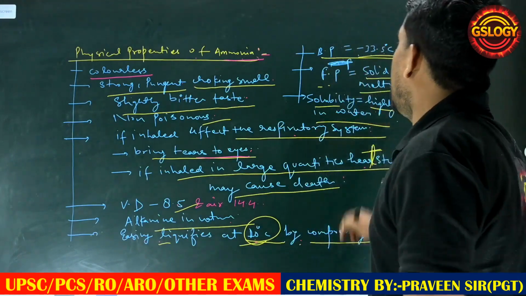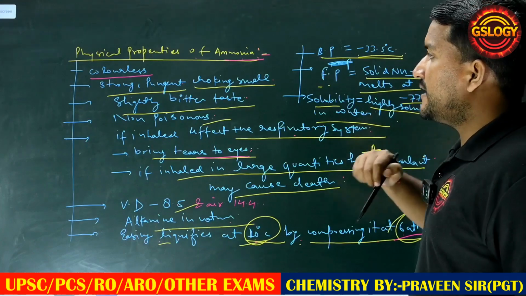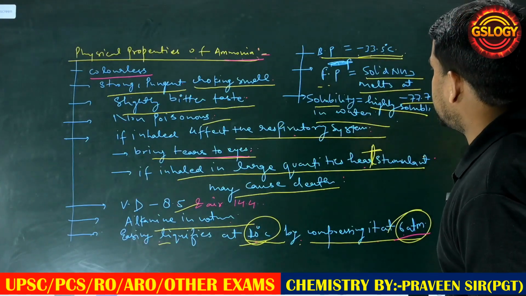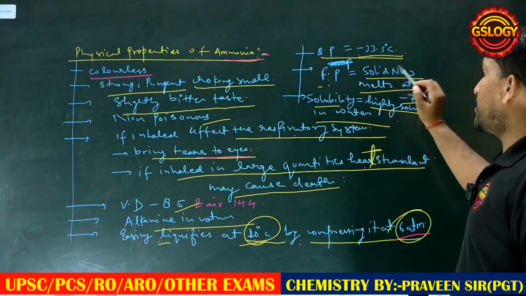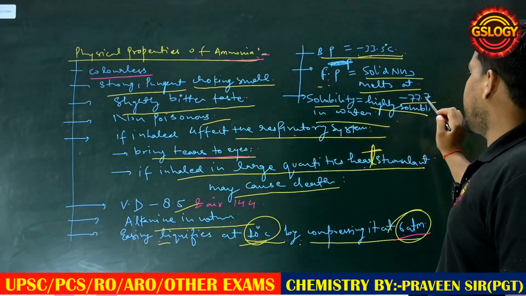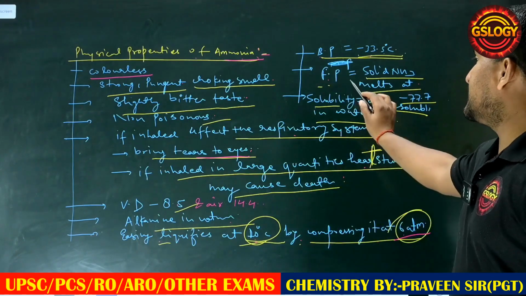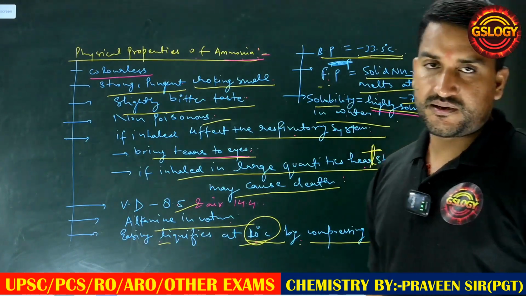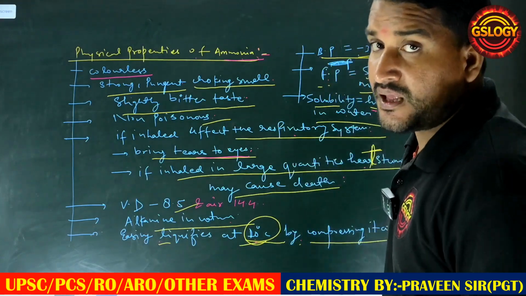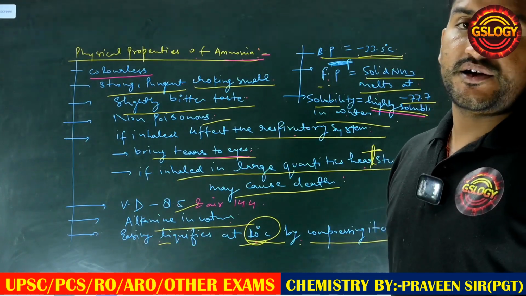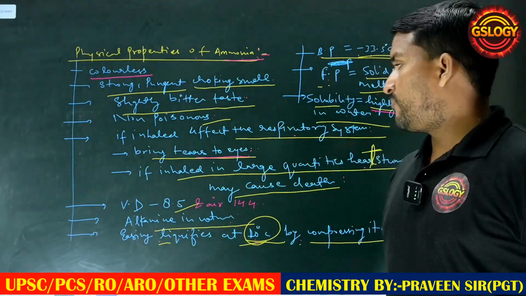Clear everyone? Its boiling point is minus 33.5 degrees Celsius. Solid NH3 melts at minus 77.7, and it is highly soluble in water due to the presence of hydrogen bonding.